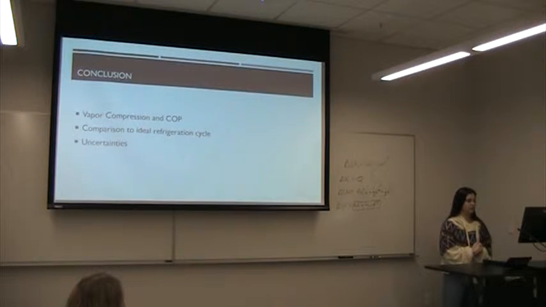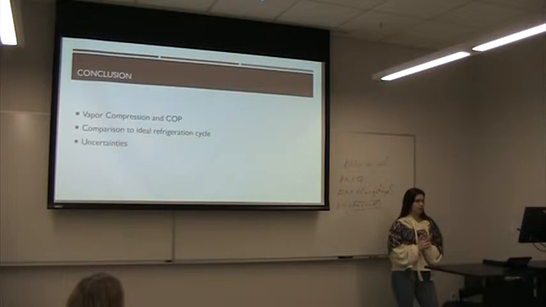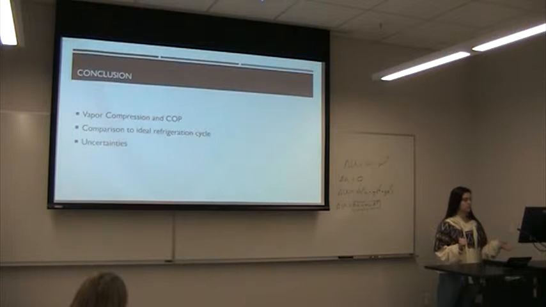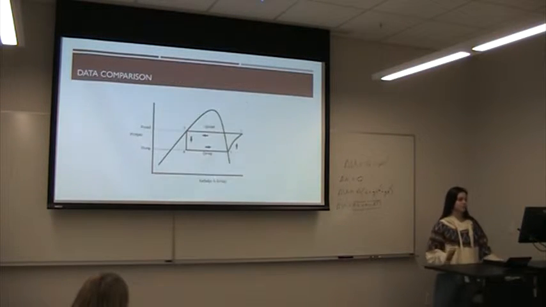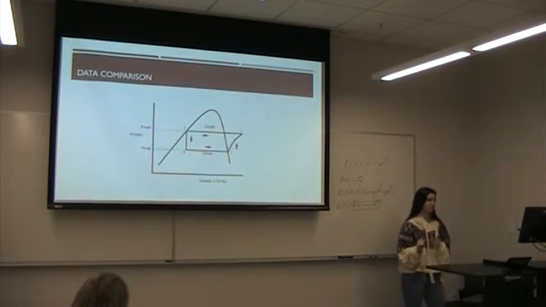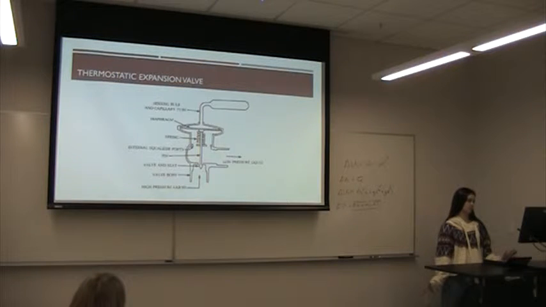In conclusion, we found that through the phase change, we wanted constant temperature, and then as we're changing through the pressures, we wanted it to stay adiabatic through the throttling.